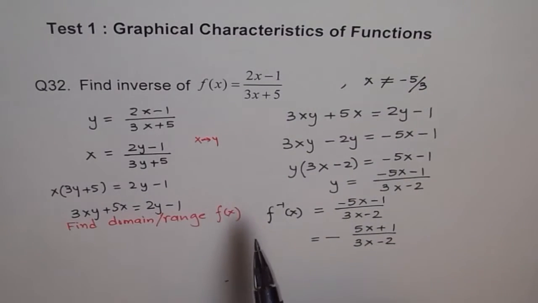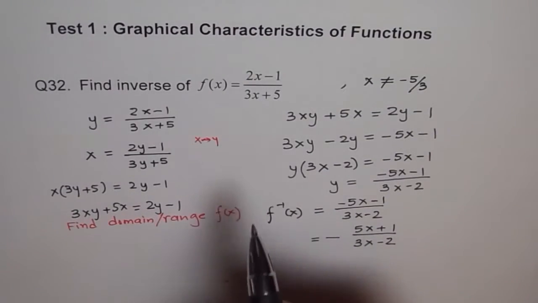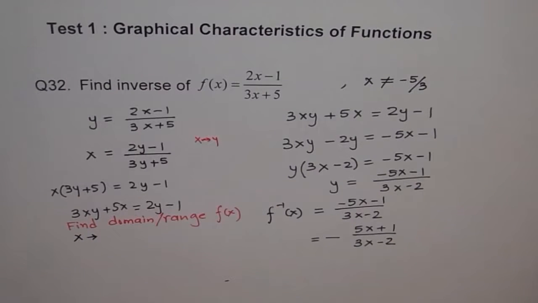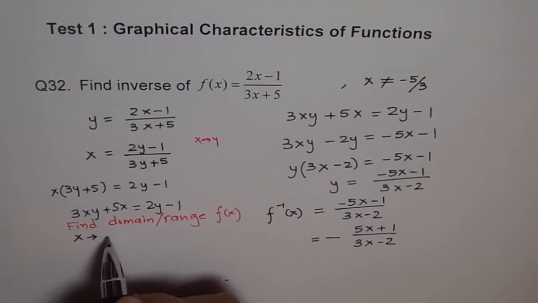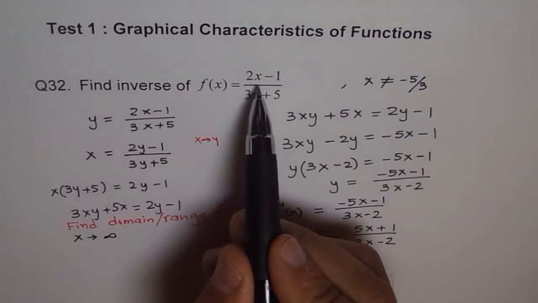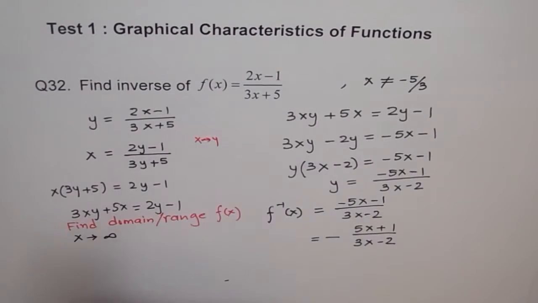Now for the range, you will see, if x is very large, say we are trying to find the horizontal asymptote. If x is very large, let's say plus infinity, in that case what happens? Then this term, 2 times a large number, will be very large as compared to minus 1, correct?